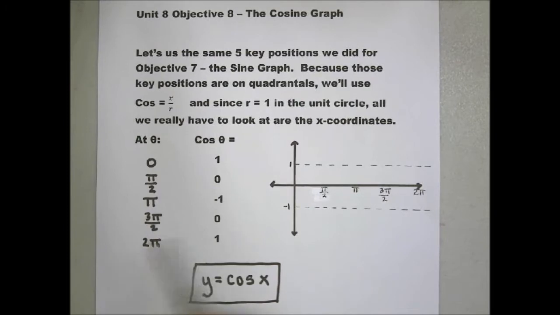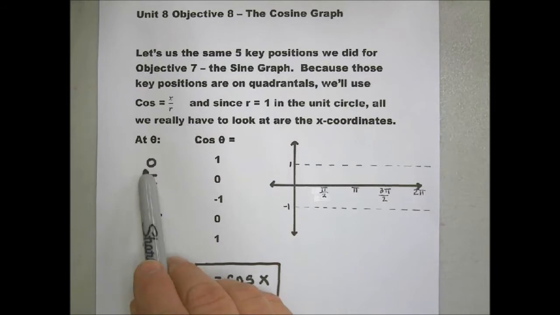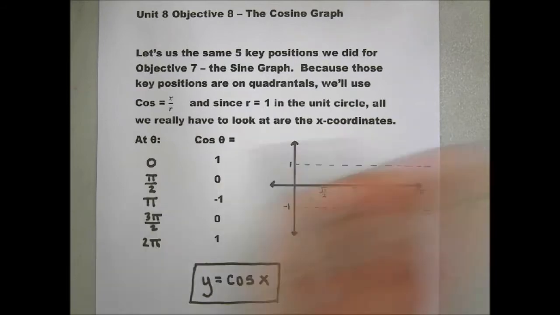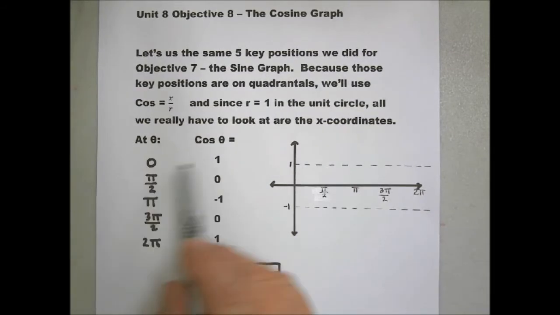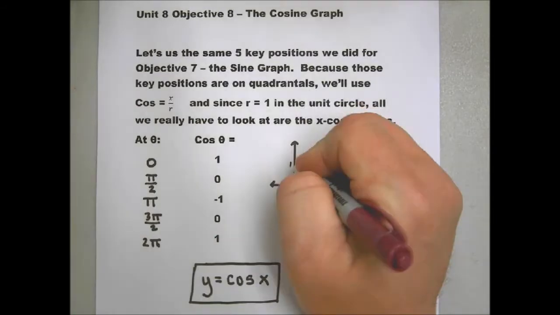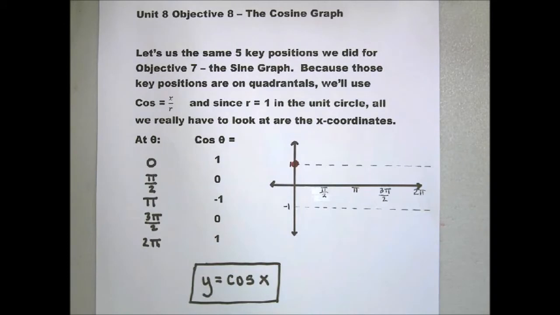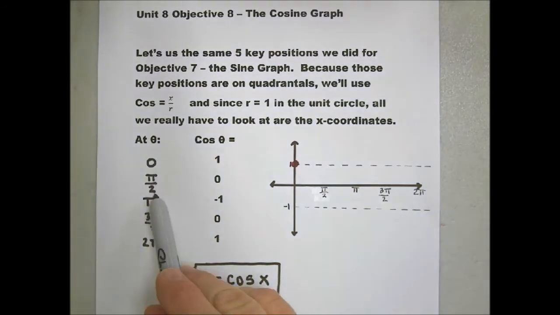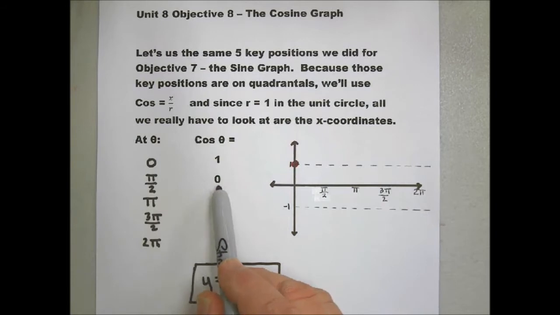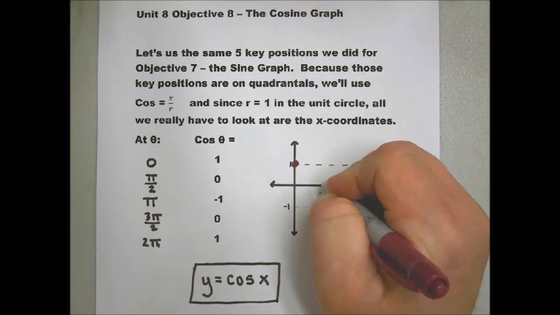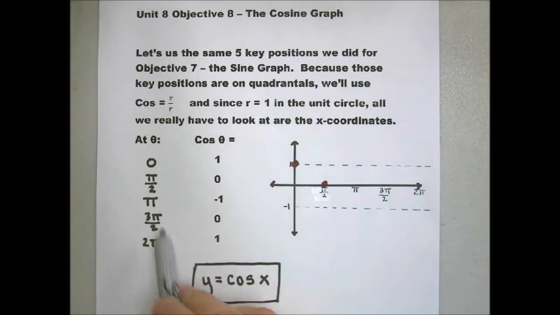So let's graph these positions. When theta equals 0, the cosine of theta equals 1. So I'm just going to put 1 right up there. At 90 degrees, otherwise known as pi over 2 in radians, the cosine is 0. So I'm going to put that right there. At pi, we're at negative 1.